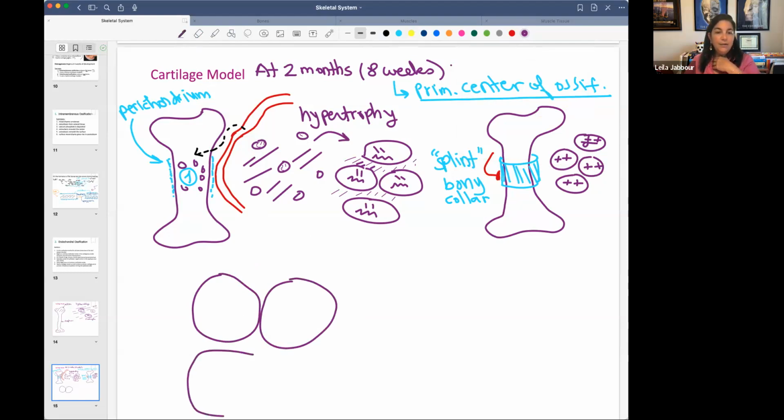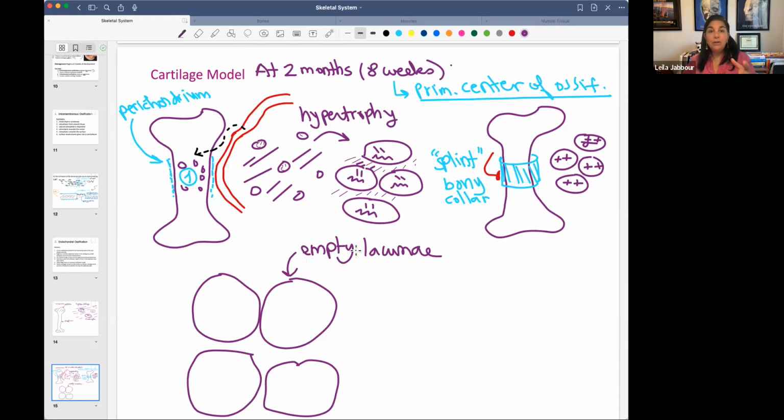We have these very large lacunae that are empty. They're empty because the cells died. The lacunae remain because each lacuna is just the walls where the cell sits. It's the cave. The walls of the cave don't disappear. It's just the cell that was sitting inside that cave, trapped in that cave, that died.